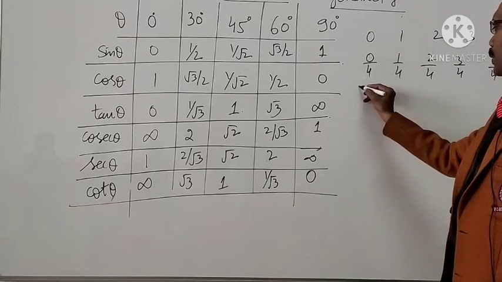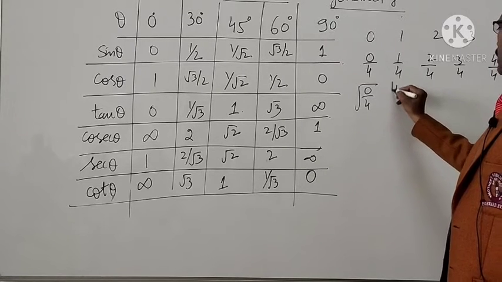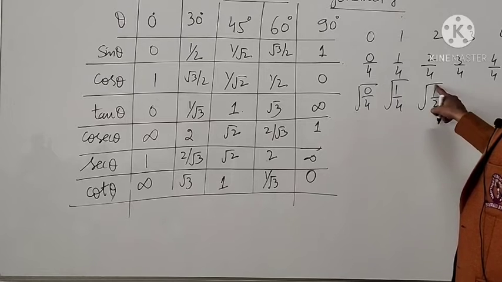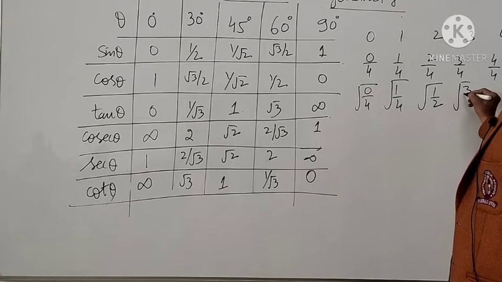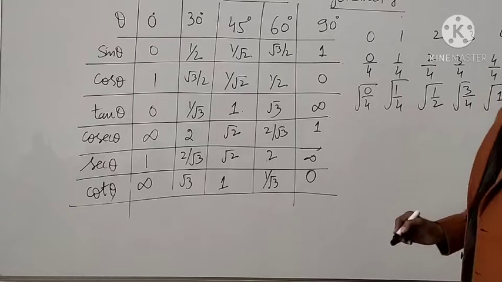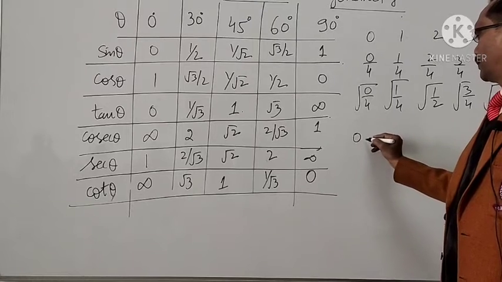Now let us take the square root of these numbers: root 0 upon 4, root 1 upon 4, root 2 upon 4, root 3 by 4, then root 4 by 4. Let us simplify. 0 upon 4 is 0, square root is 0.